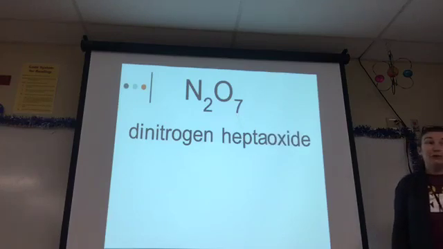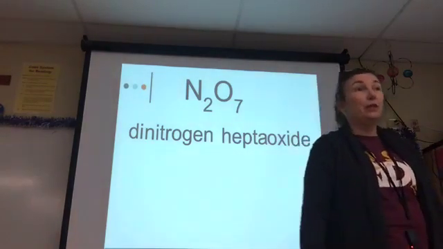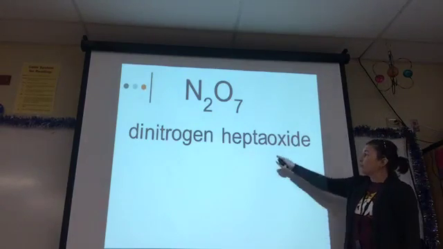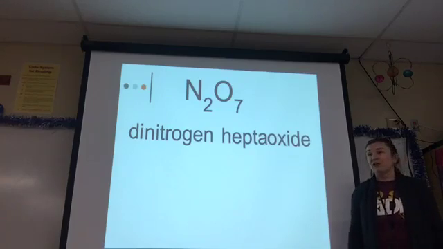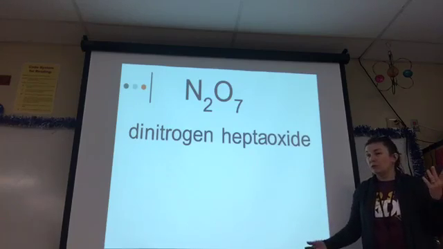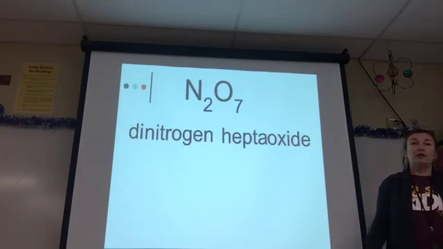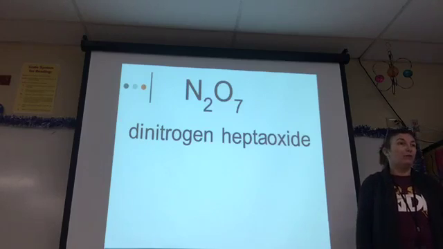These things sound really, really weird, but they're correct. Now some people just say heptoxide, some people say heptaoxide. I've heard it both ways. I think it all depends on what textbook you used. So either are fine. When you do these online, I will have both in there for you, so it won't count you wrong.